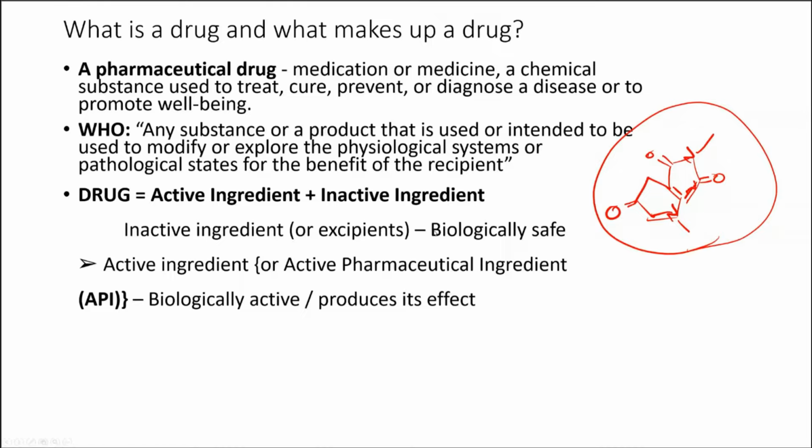They have to be biologically safe, or else they cannot be inactive ingredients. And they help the active ingredient get to the target site of the drug. That's one of their uses, but that's something we keep in mind when we're making the drug. If the inactive ingredient is something that would bind to the active ingredient, then the pill wouldn't be a good form of drug delivery.